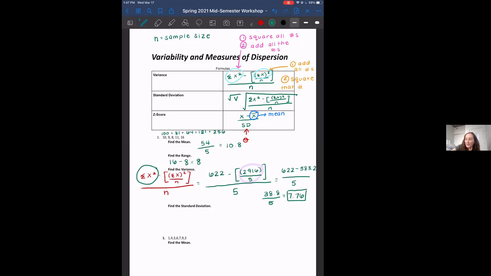Okay, so now for the standard deviation. So we already said that the standard deviation is the square root of variance. So all we have to do is take the square root of 7.76. So can anyone tell me what that is?